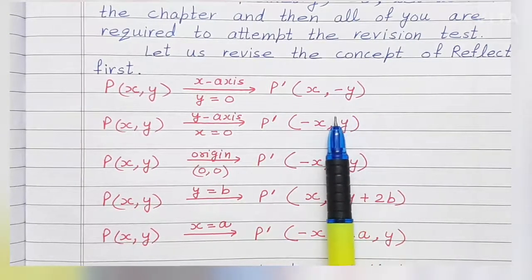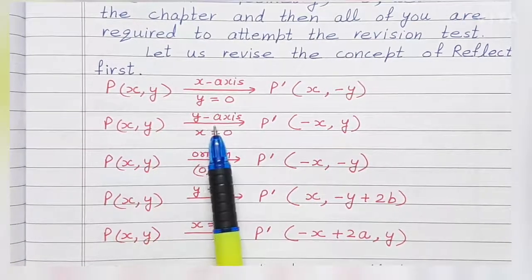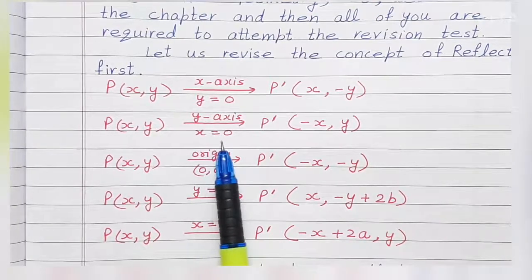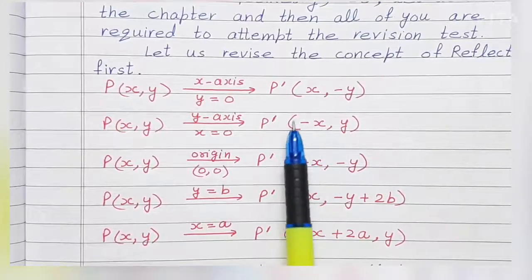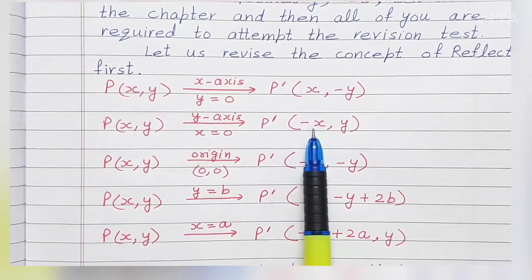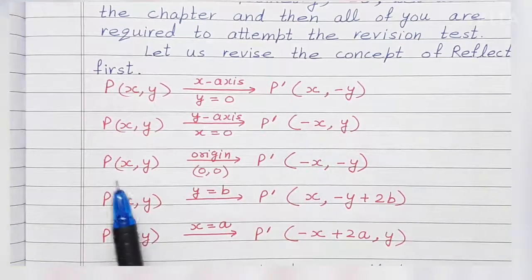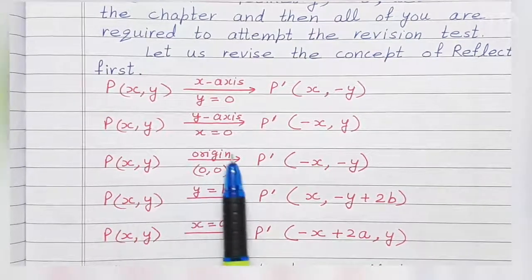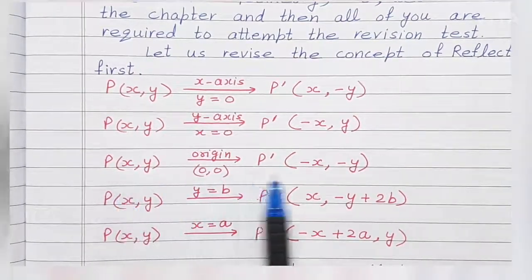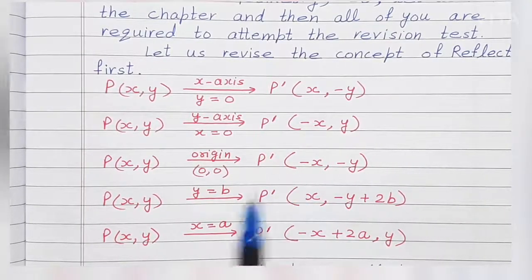Clear? And when you reflect any coordinate along y-axis, that is x equal to 0, y will remain the same, the sign of x will get changed. I hope it is clear to you. Similarly, if you reflect any coordinate along origin, origin is (0, 0), then both the coordinate signs will get changed. I hope it is clear to everyone.